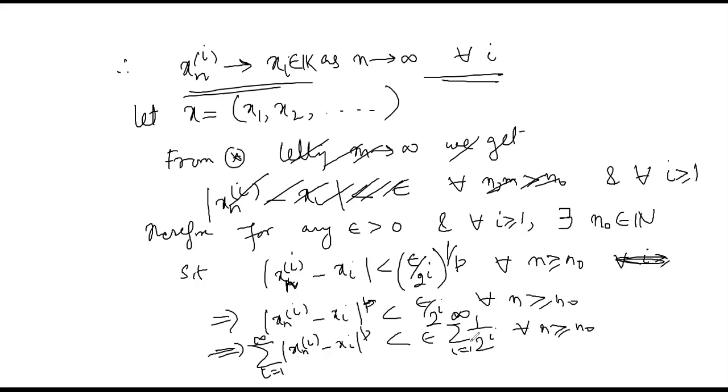Now the summation of 1 by 2 to the i, i from 1 to infinity, is equal to 1. This is a geometric series.